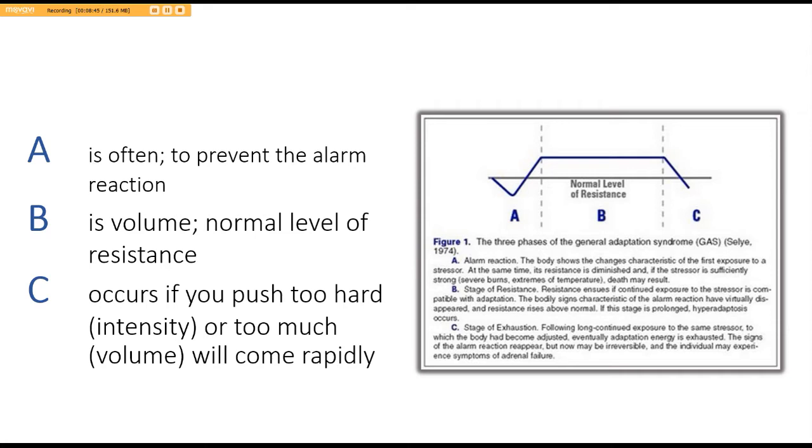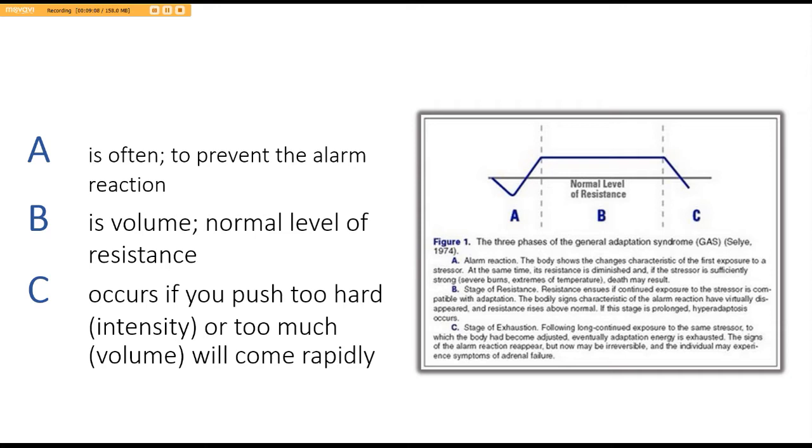If you're only training intermittently, your body's constantly going to come up against the stressor of training. Training more often allows your body to get past that alarm reaction phase and into the stage of resistance or adaptation. The B phase also refers to volume.